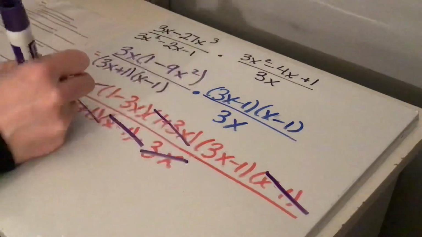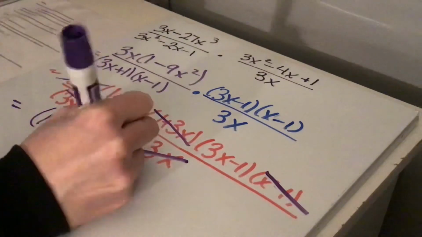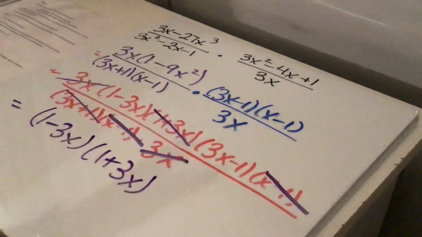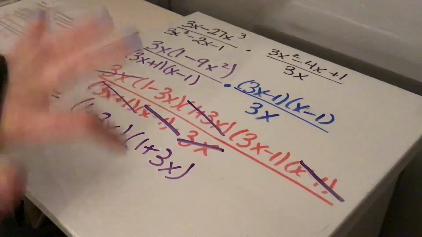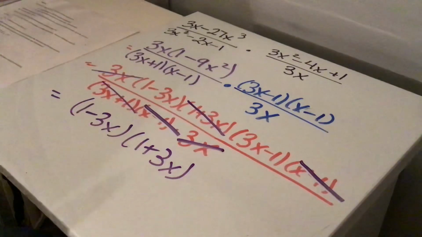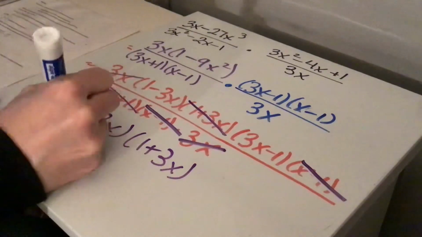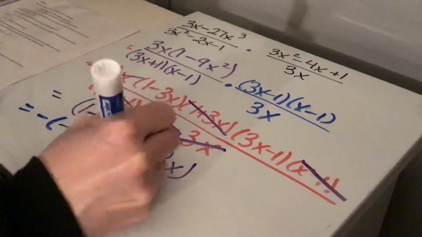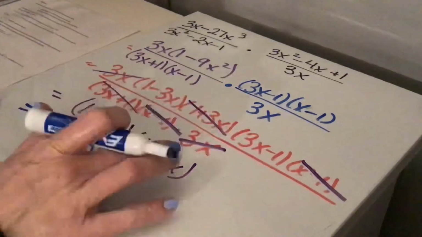So in the numerator, what's left is 1 minus 3x times 1 plus 3x. Right? But these are not quite the same terms. They differ by a negative. So if I factor out a negative from here, I get negative 1 plus 3x. Don't ask me where this came from.